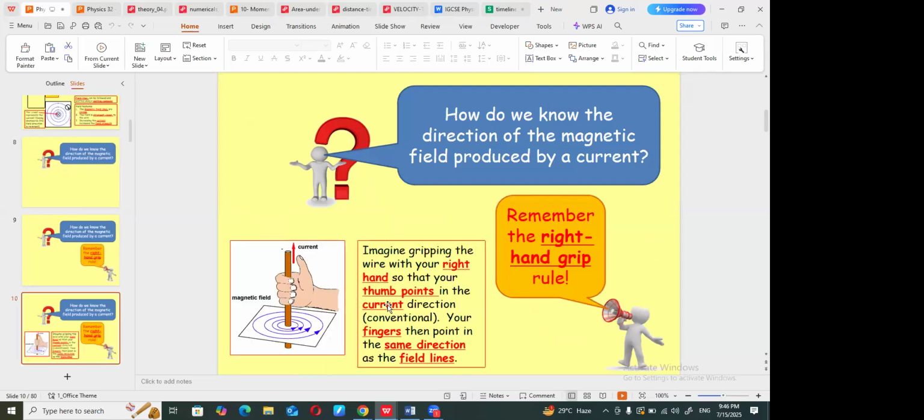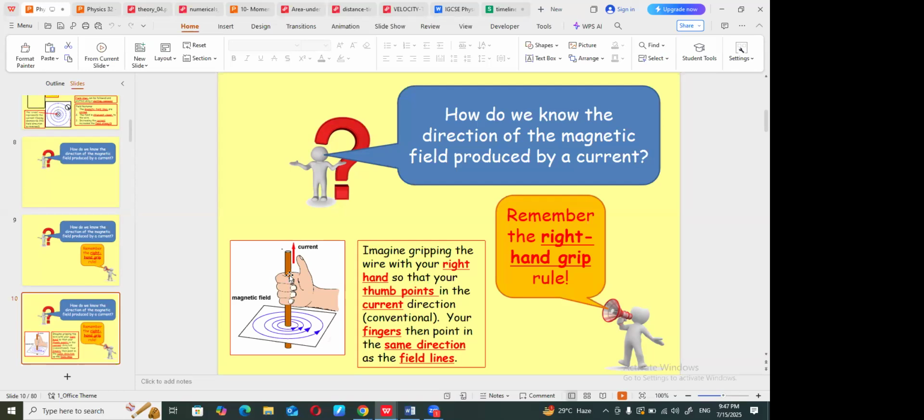For that, we have Fleming's right hand rule. Grip the wire like that, and this thumb is the direction of the current. The curling fingers will give you the direction of the magnetic field. If the current movement is in the upward direction, the fingers show an anti-clockwise magnetic field.